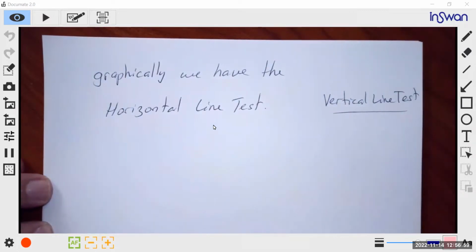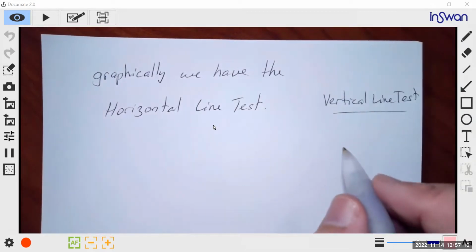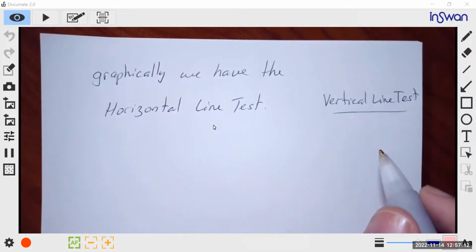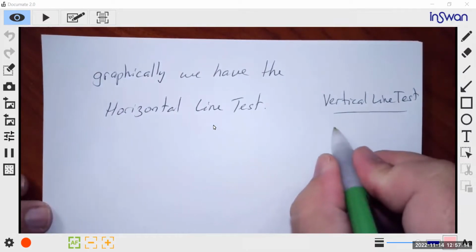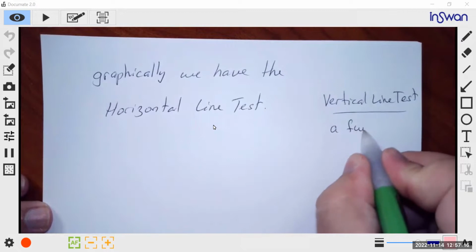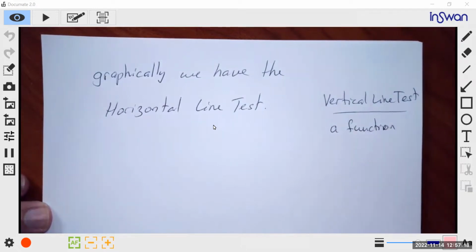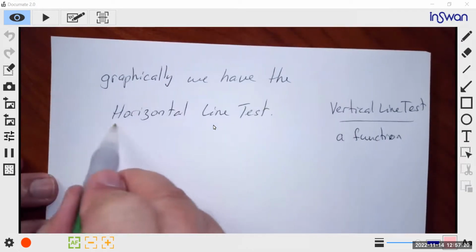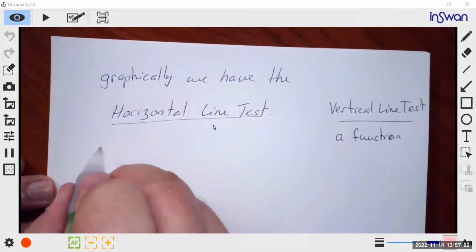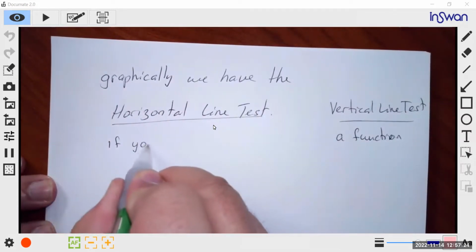Anybody remember what the vertical line test did? It's where you draw a vertical line on the graph. If it doesn't cross it more than once, what does it mean it is? It's a function, yes. A function. So now we're dealing with functions here. Very good. I'm glad you guys remembered that.